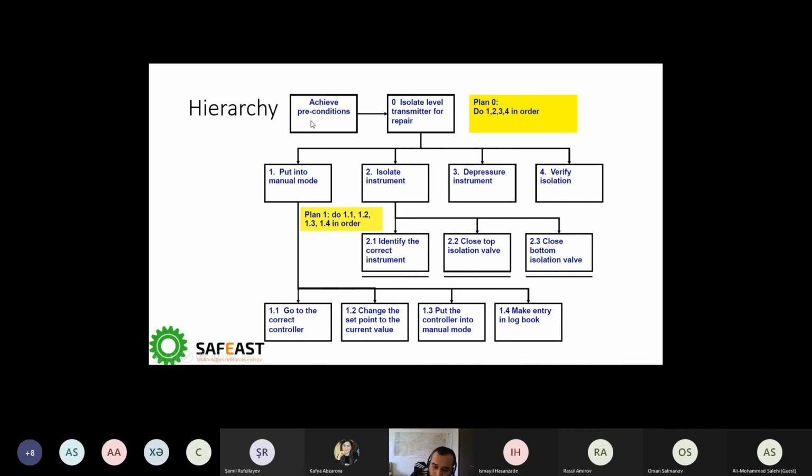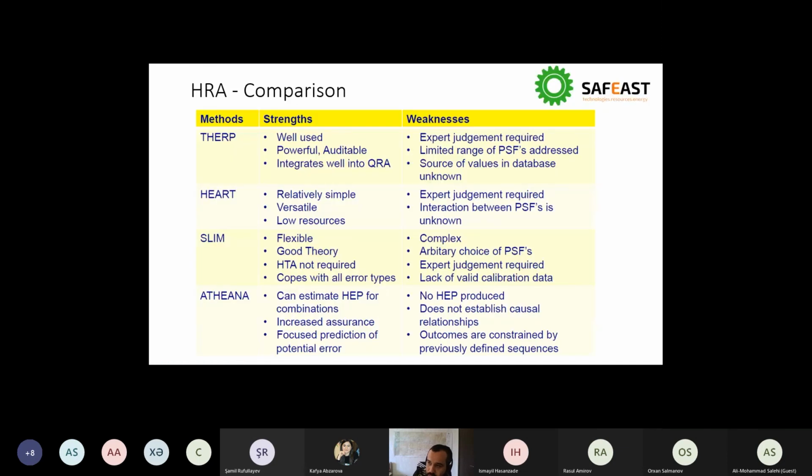When you convert this into a document, it makes your procedure: step 1, 1.1, 1.2, 1.3, 1.4, 2.1, 2.2, 2.3, 2.4. So it will be a nice hierarchical procedure to achieve isolating the level transmitter for repair. Then you can issue this as an operating procedure for your folks at site, and they use it during their daily activity.